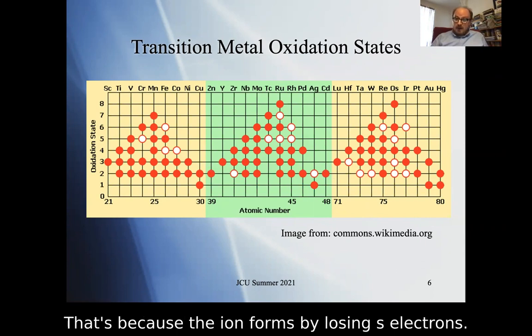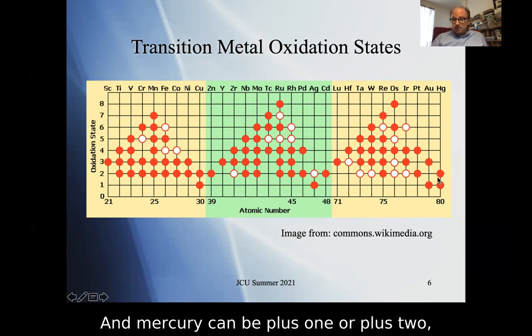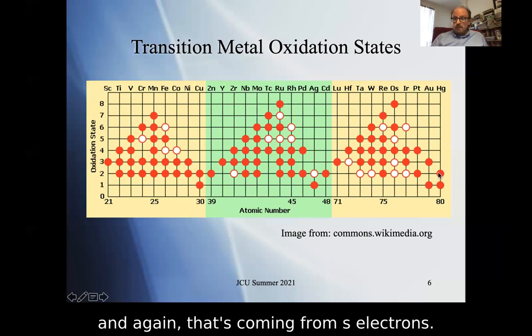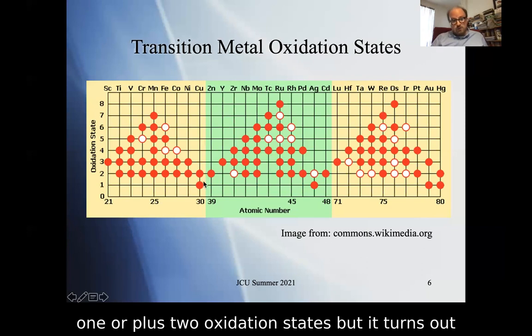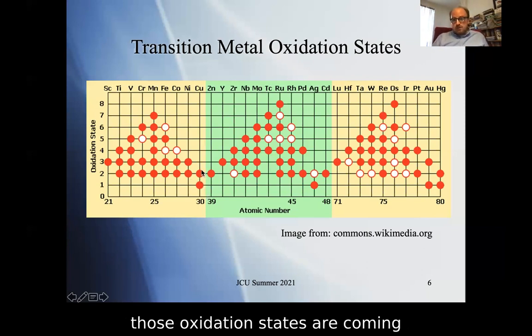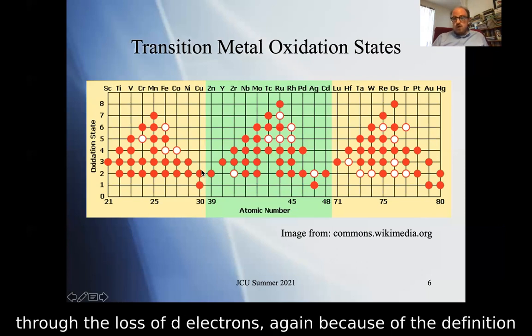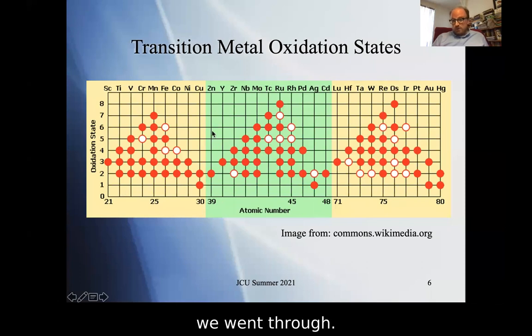That's because the ion forms by losing s electrons. Mercury can be +1 or +2, and again, that's coming from s electrons. For those metals, for example, silver or copper, those also are either +1 or +2 oxidation states, but it turns out those oxidation states are coming through the loss of d electrons, again, because of the definition we went through.